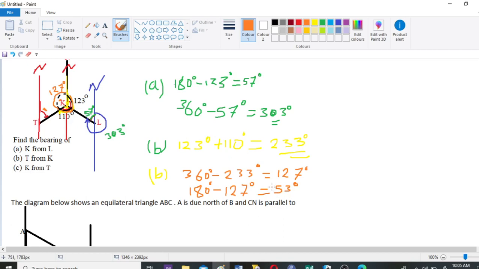Now remember, this is a bearing, so you add a 0 in front so that it becomes a 3-figure number. Wow, so that's it.